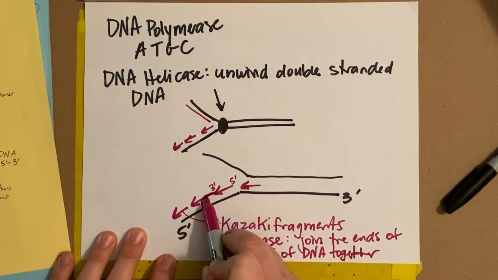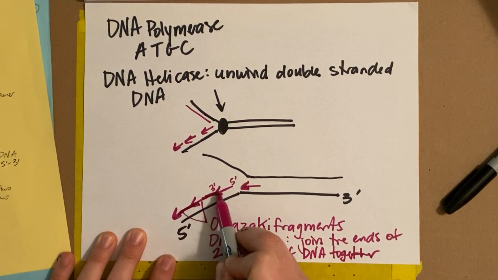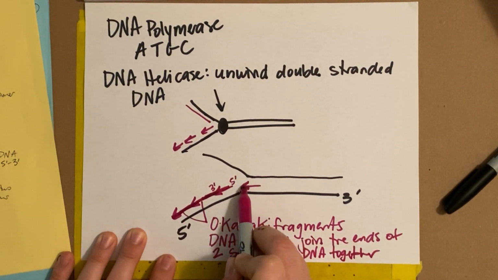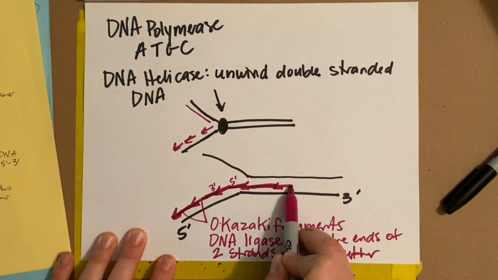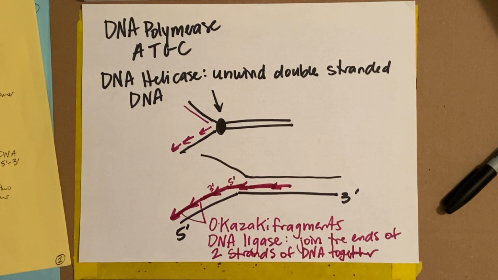So DNA ligase will come in here and will then start connecting these, so then you have a continuous strand. And then as it moves on, you add another one, it's going to continue to do that so that you have a continuous strand. So at the end you have these full strands.